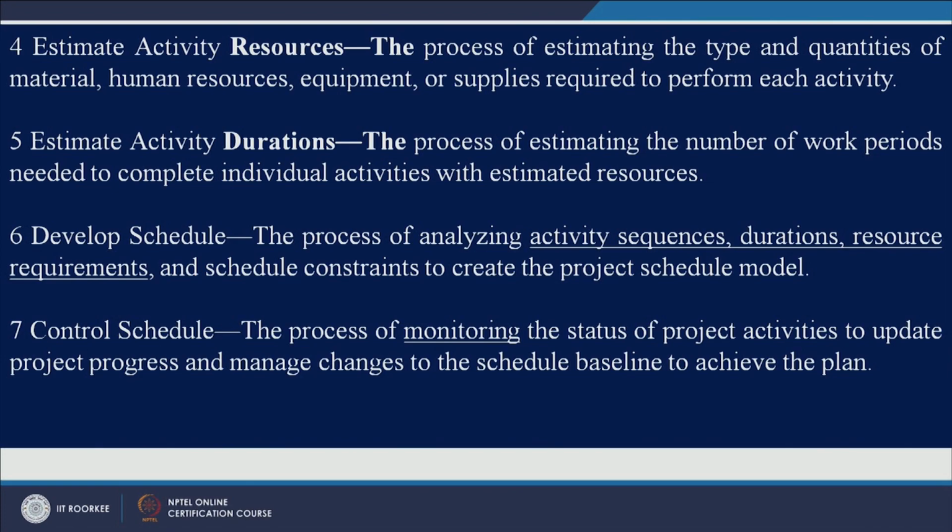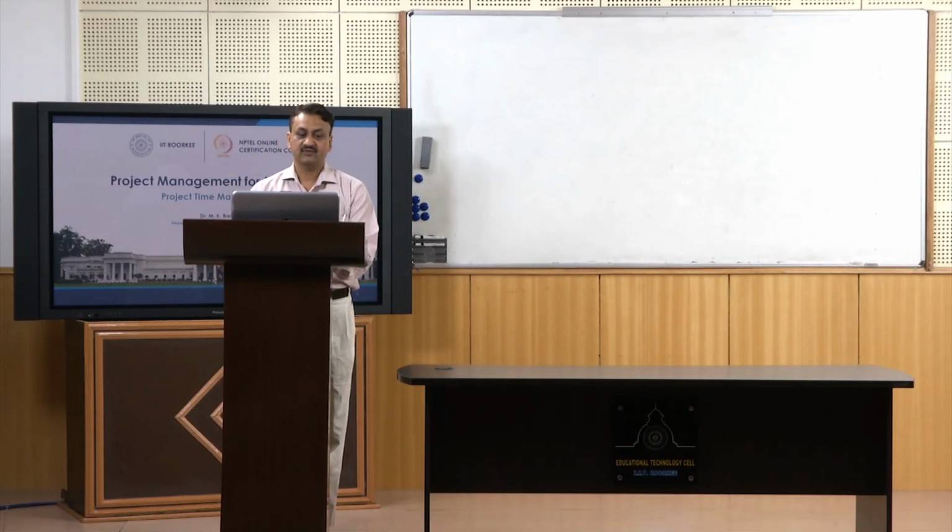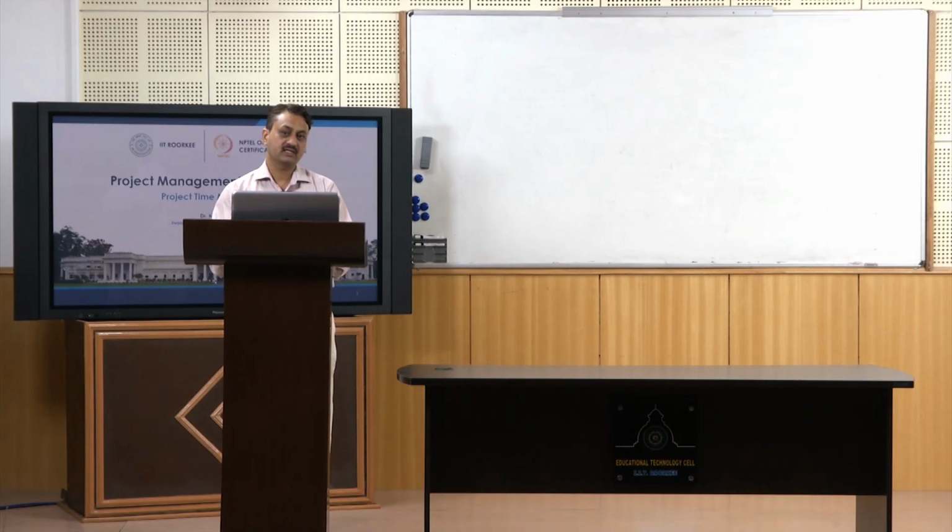Now there is a direct relationship between resources and activity duration, right. If you assign more resources to an activity, its duration will naturally decrease, and vice versa. After estimating duration and resource requirement, you should develop the schedule.